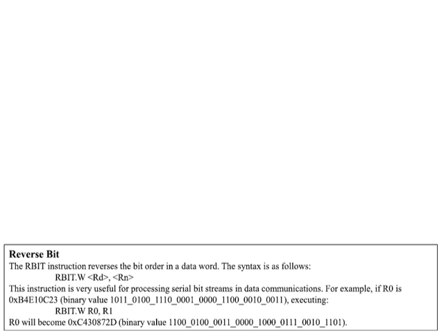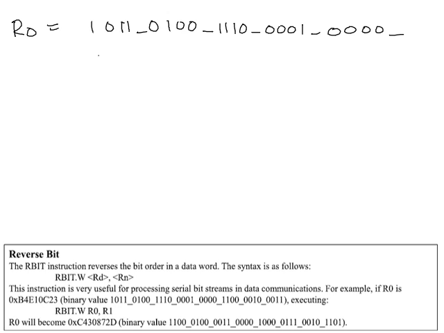Say for example, consider the R0 value given in binary: 1011 0100 1110 0001 0000 1100 0010 0011. After executing the reverse bit instruction, this is the value you have in R0.